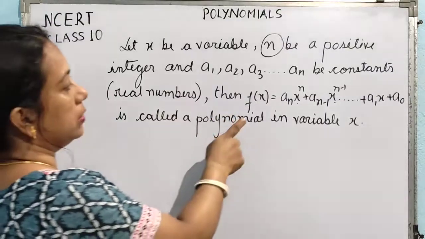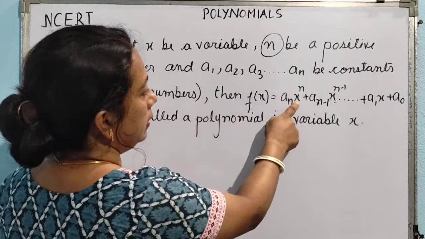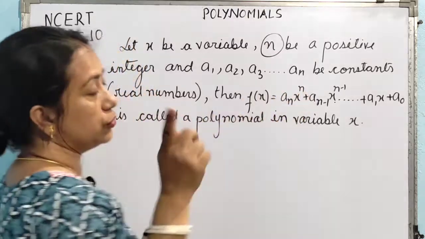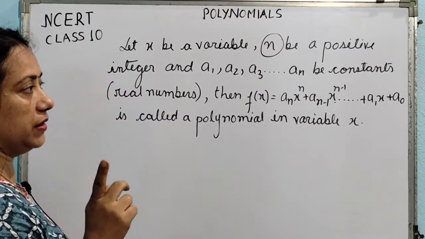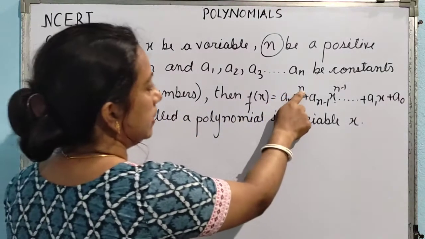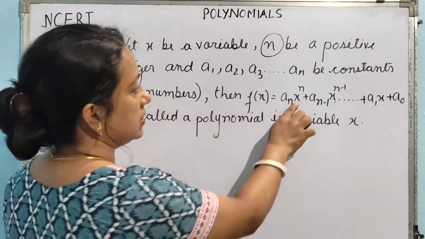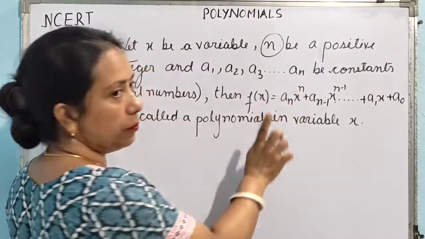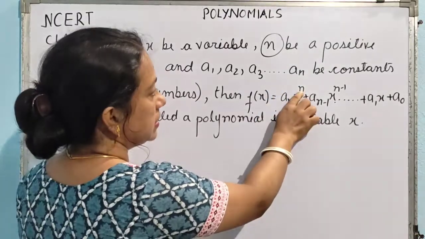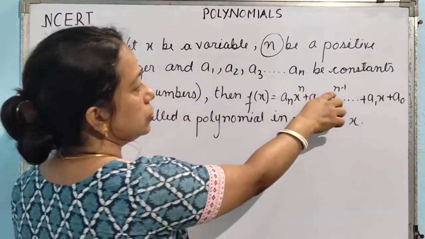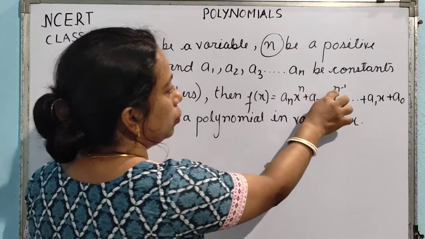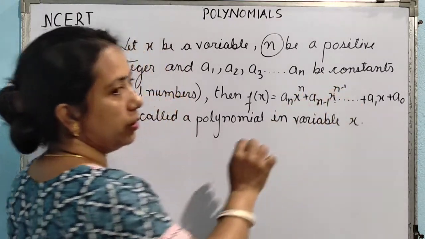It means that in a polynomial, the power of the variable has to be a positive integer. Suppose this is 2, then 2 minus 1, its power will be 1.